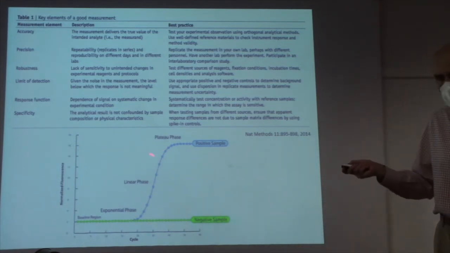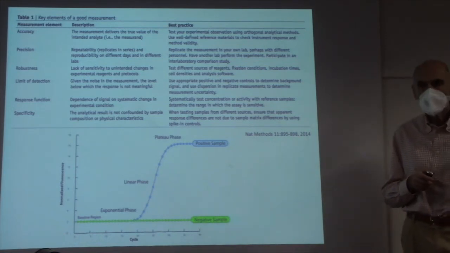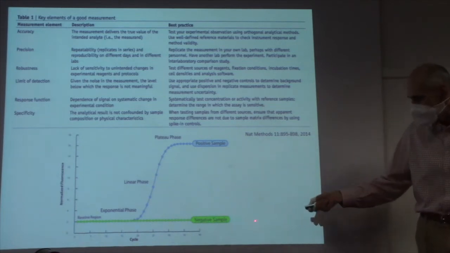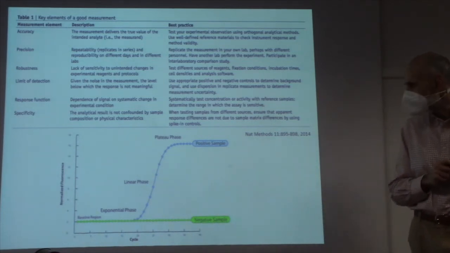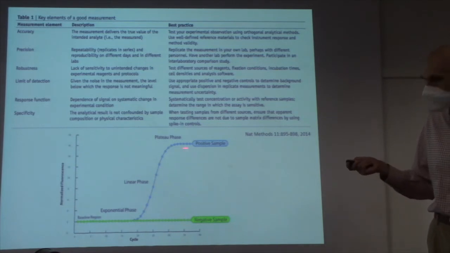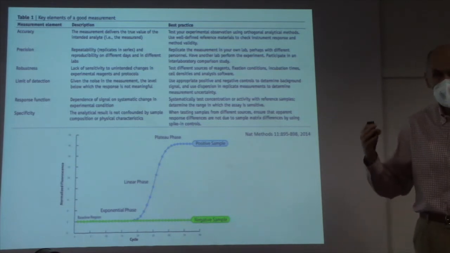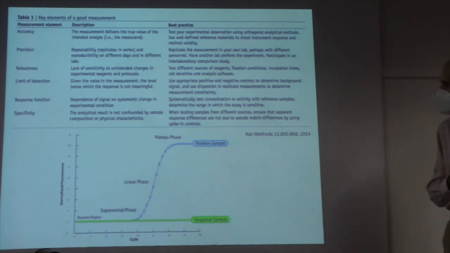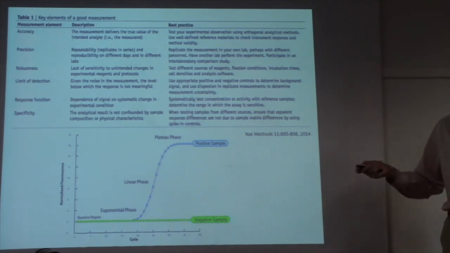At some point, though, you either run out of reagents, say nucleotides, or polymerase, or something is exhausted in the reaction, so you no longer amplify anything even if you run the PCR further, or the detector itself is not capable of detecting more than so much fluorescence. It's the detector itself that plateaus. And so this explains the shape of this curve.